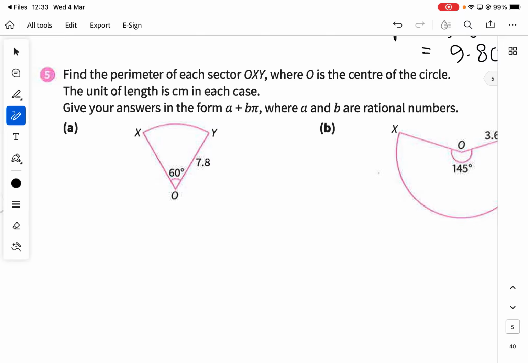I don't key in the pi into the calculator because I want to leave pi as pi. Pi is a number, but I don't key it in. So I key in all the other numbers: 60 over 360 times 2 times 7.8.